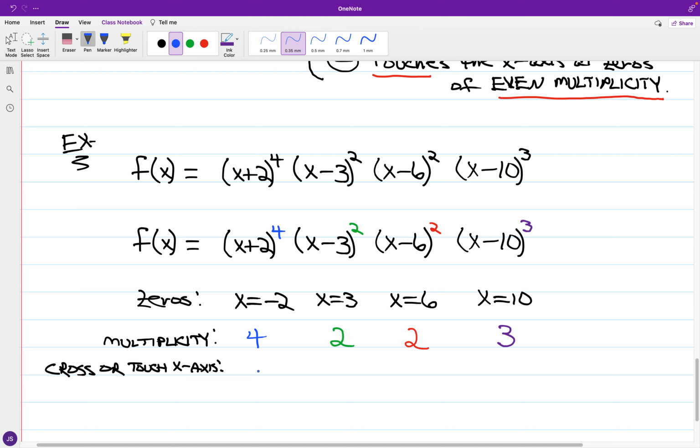So with an even multiplicity, the graph is going to touch the x-axis, at that zero. So it is going to touch at x equal to negative 2.